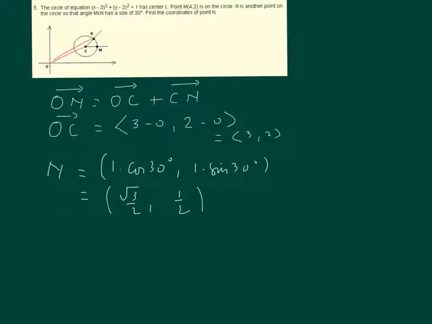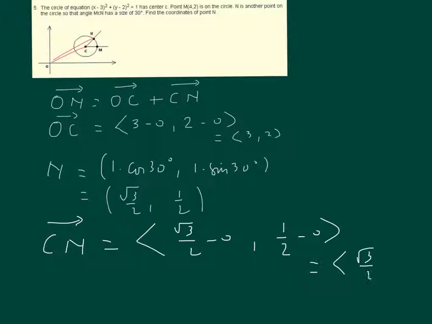With the system of axes of center C, vector CN will have the components square root 3 over 2 minus 0, 1/2 minus 0, which gives square root 3 over 2 and 1/2.